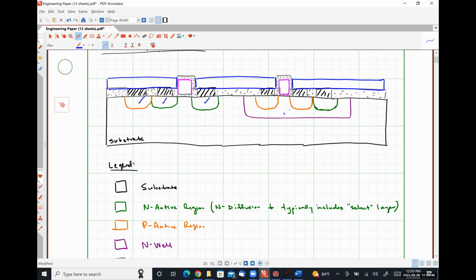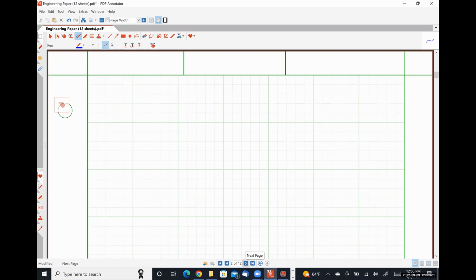We would need to have this N well deposited, this P active region, this P active region, and this N active region. So we're going to start effectively with the substrate and then work our way up.